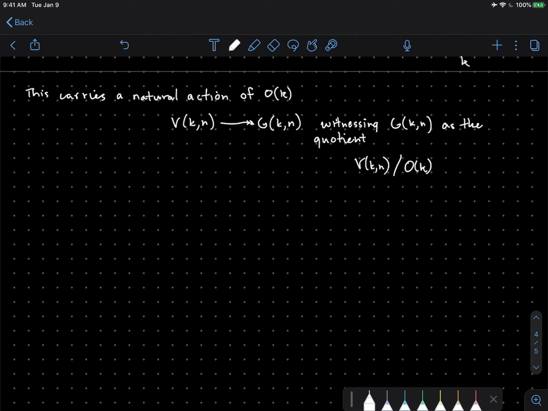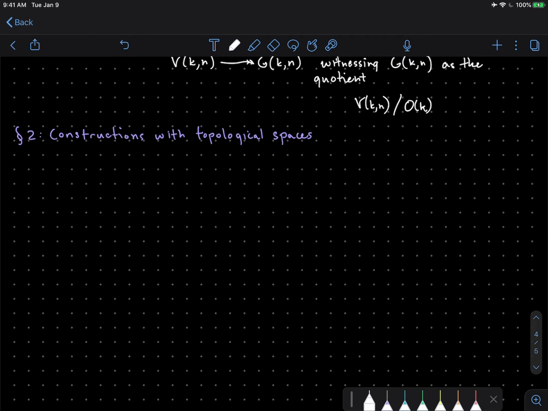All right, this brings us finally to section 2 of our lecture, constructions with topological spaces. So I first want to start with a proposition.